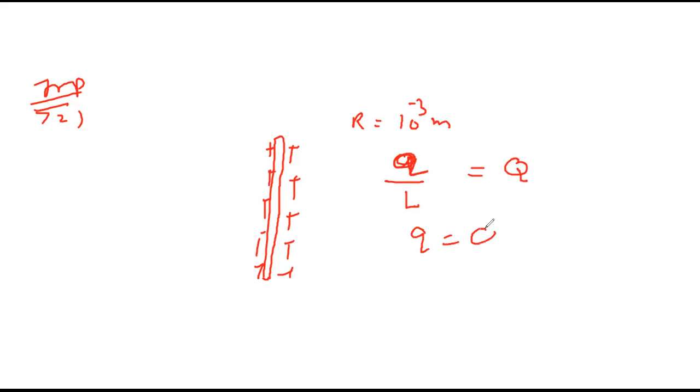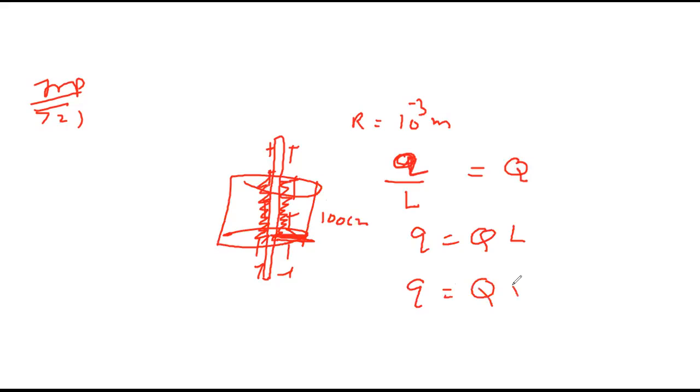So total charge is Q into length. Another cylinder of radius 50 centimeter and length 1 meter, which is 100 centimeter, will enclose the charge inside on the length of 100 centimeter.